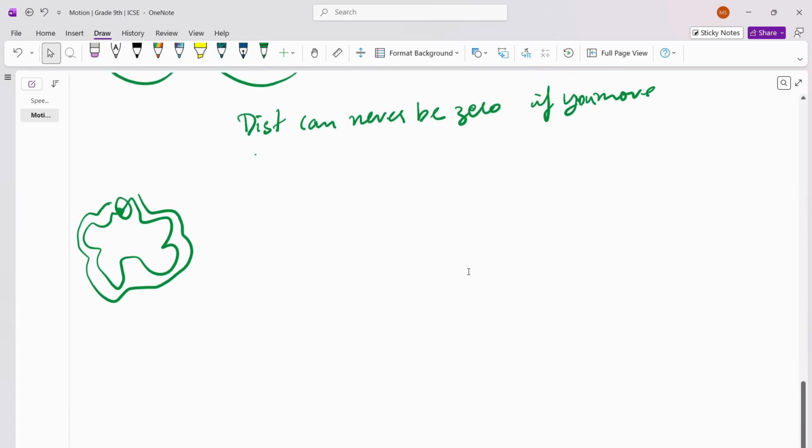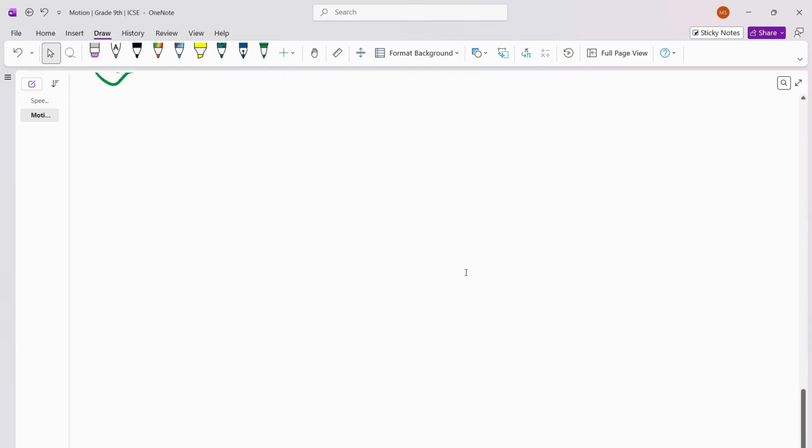Fine. Now coming to the next part, which is speed. Okay, not ISO speed, but actual speed, in this chapter. So how do we define speed?